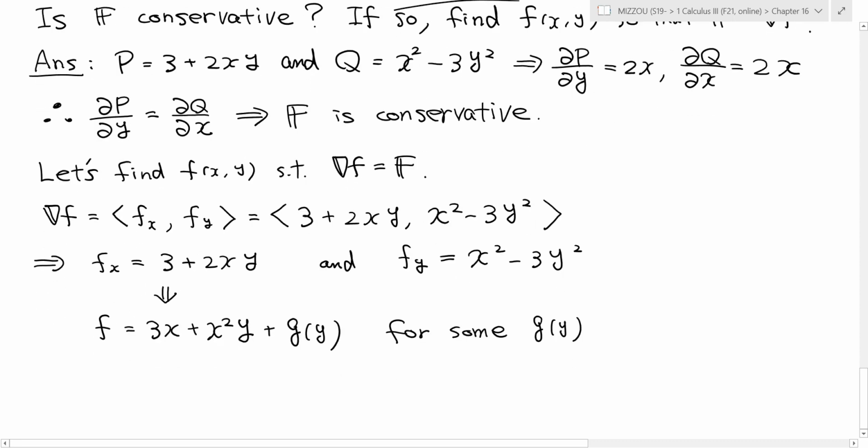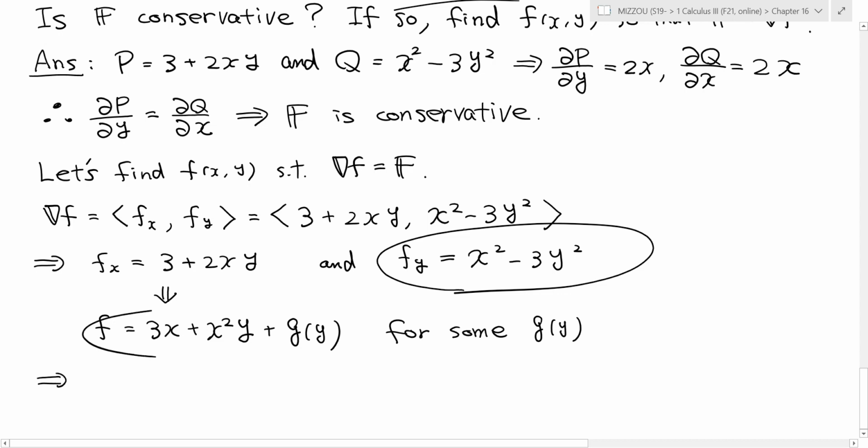Okay, so now we have to determine this g of y. How? Well, by using this. If you differentiate the f we just obtained with respect to y, then this is 0 plus x squared plus, now you have to differentiate this with y, and that's the derivative of g with respect to y, so just g prime.